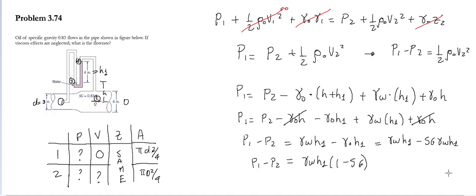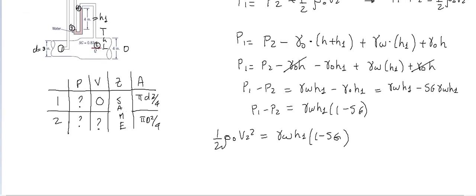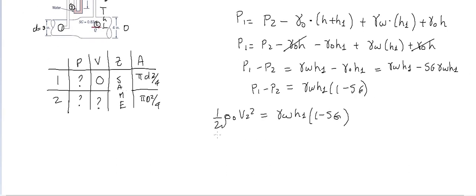Physically, the pressure relationship obtained from Bernoulli's equation has to be exactly the same as the one obtained with hydrostatic pressure calculations. So we could make them equal to each other. We have 1/2 rho of oil, V2 squared, equal to gamma of water, H1, times 1 minus Sg. Now let's substitute a couple of the values.